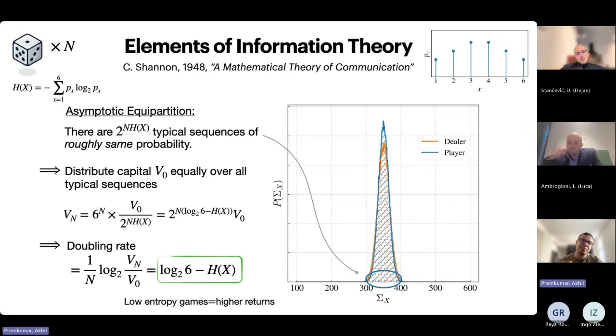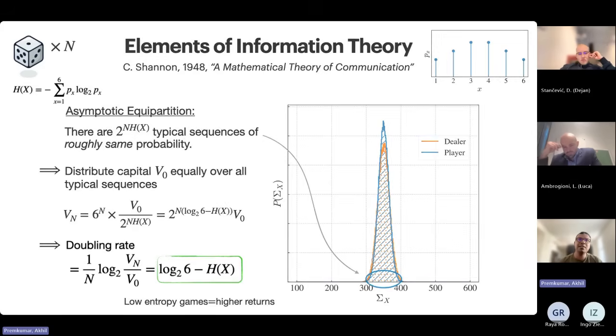So if you had a low entropy game, in the extreme limit where this die only produced one outcome, H(X) would be as small as possible, which means our return would be as high as possible. So low entropy games produce higher returns.